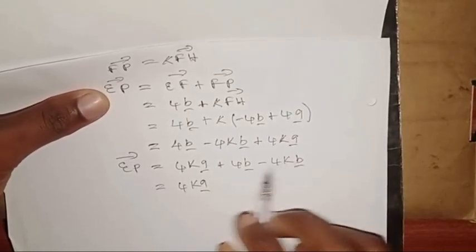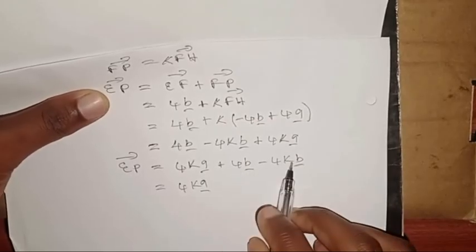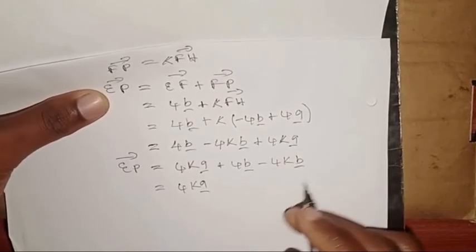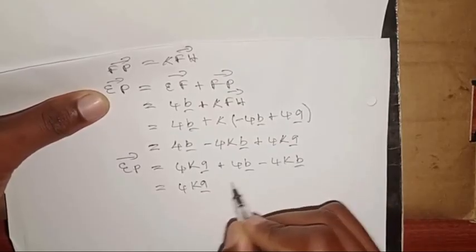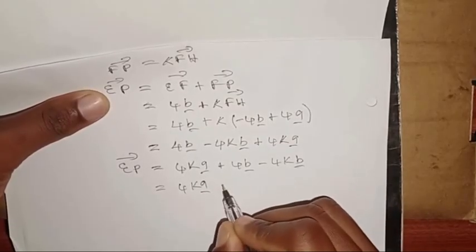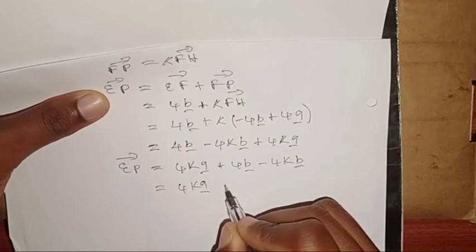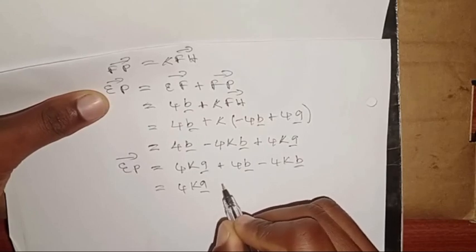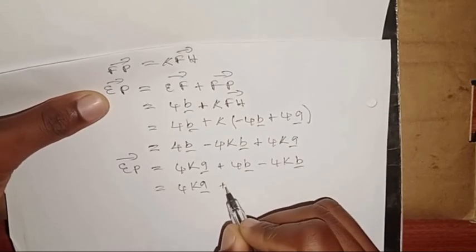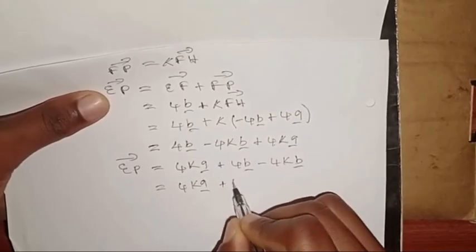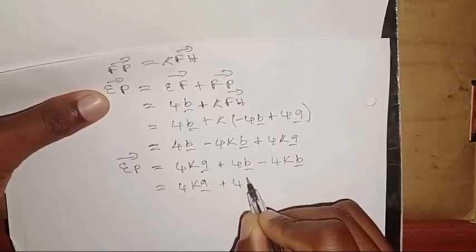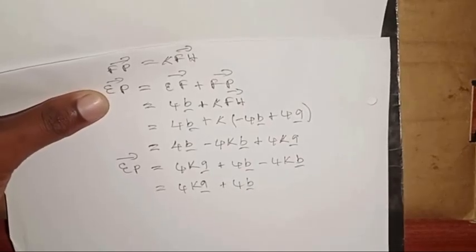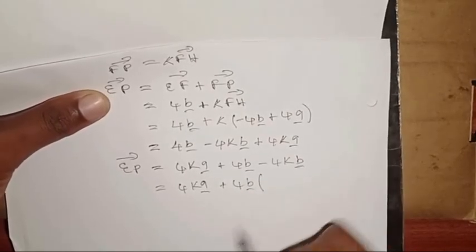You can see that they all contain a 4 and they all contain a b. So those we are going to use as factors, okay? So 4 is a factor of both terms, and b is also a factor of both terms. Then we're going to add the brackets.